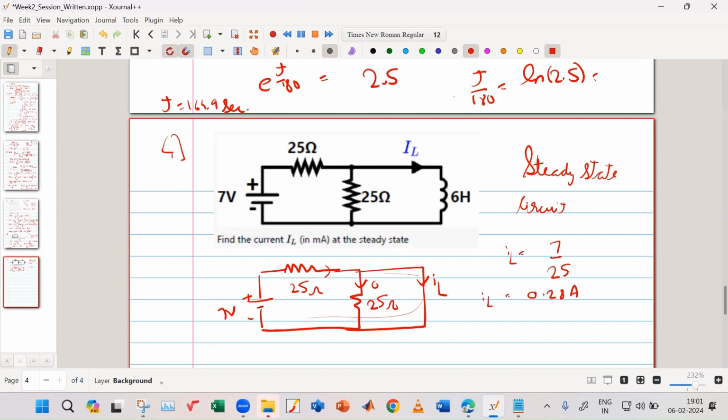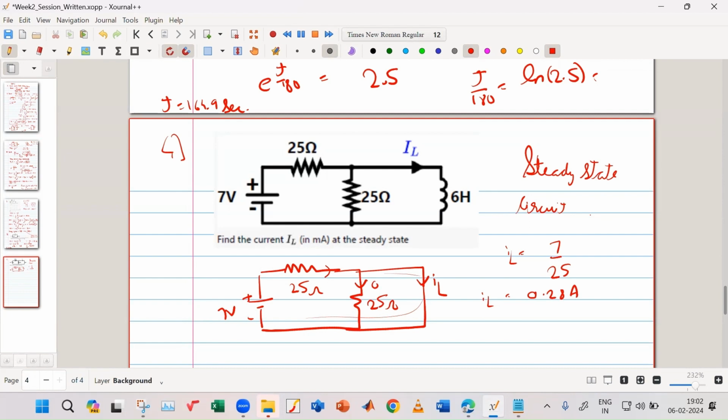Why is the current 0 across the 25 ohm resistance? In steady state, the inductor acts as a short circuit. The current will take the least resistant path. It will not go through the high resistance, it will go through the smaller resistance.